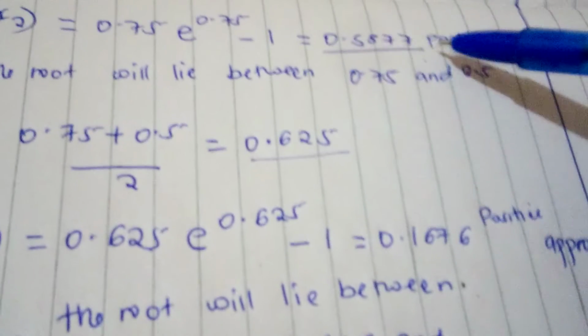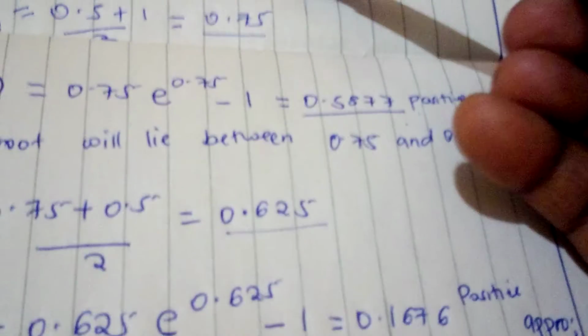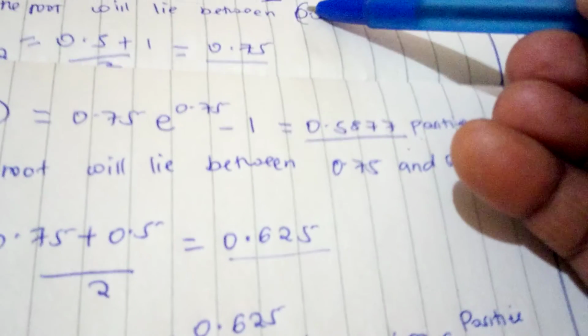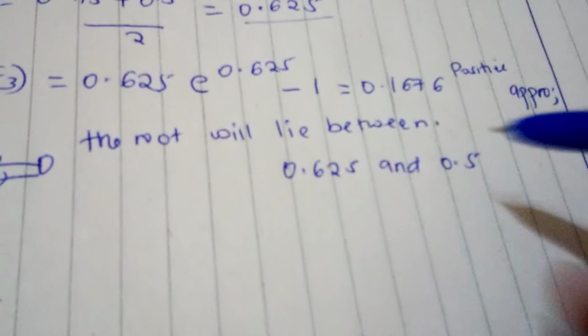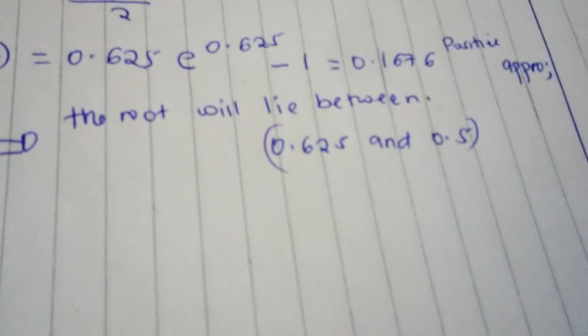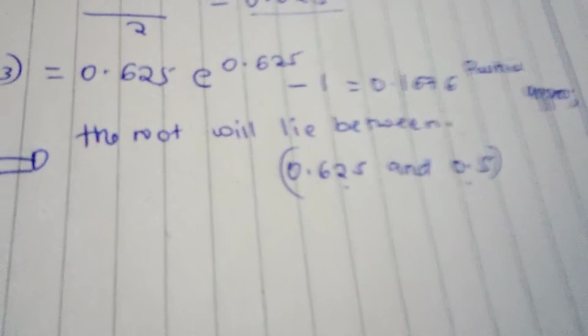Remember, our immediate was positive and the latter was a negative approximation, which was given by 0.5. So our root will always, or should always, lie between a positive and a negative approximation.